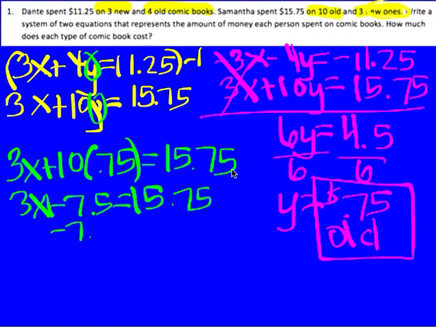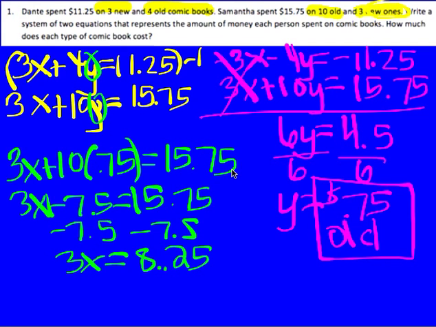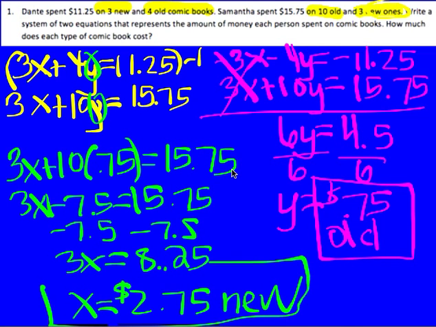Now I subtract 7.5 from both sides, and I get that 3x is equal to 15.75 minus 7.5, which is 8.25. Divide both sides by 3, and I end up getting that x is equal to 2.75. So that's for new comics. New comics are going to cost $2.75.